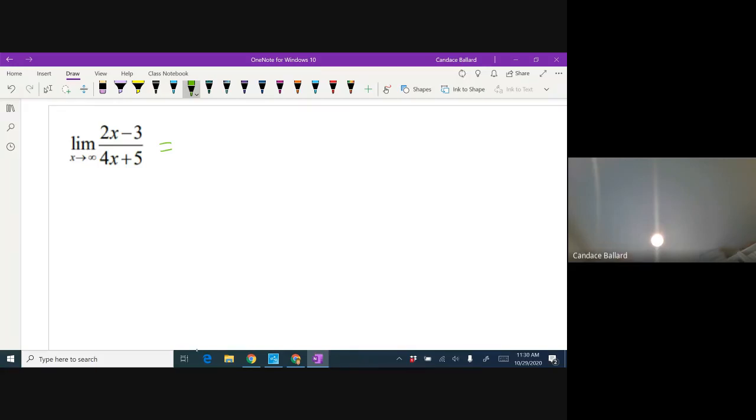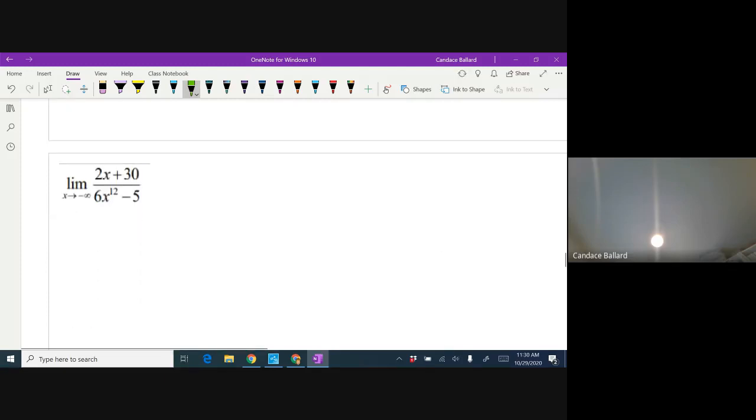Just like the horizontal asymptote, these are insignificant. We're just going to look at our coefficients in front, which would be 2/4, which should be 1/2. And again, on these, we don't need the x equals or y equals because it was a limit problem, not a horizontal asymptote. But again, safe space. This is the time to make mistakes and get them corrected.